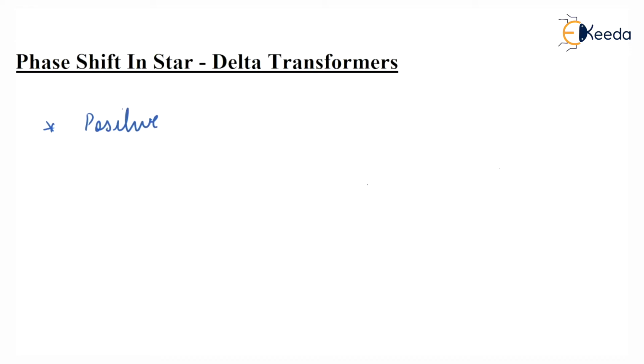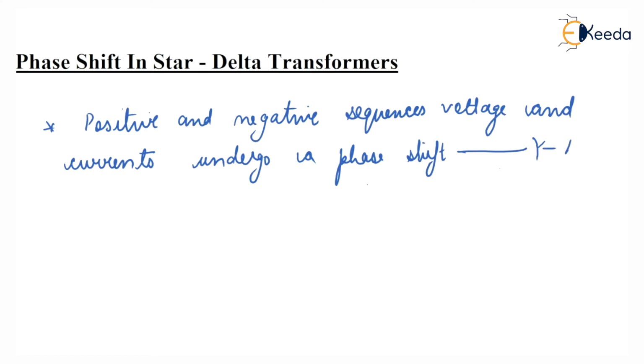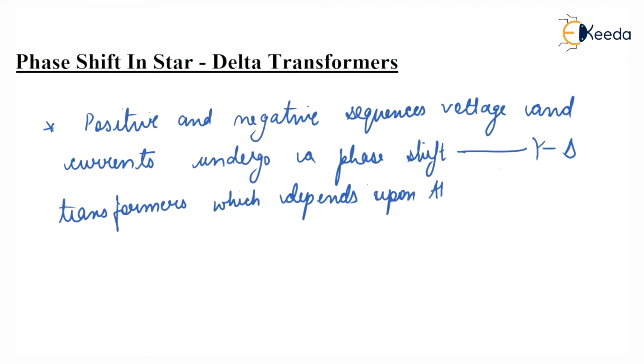So positive and negative sequences, voltage and currents undergo a phase shift in passing through a star delta transformers, which depends upon the labeling of terminals.